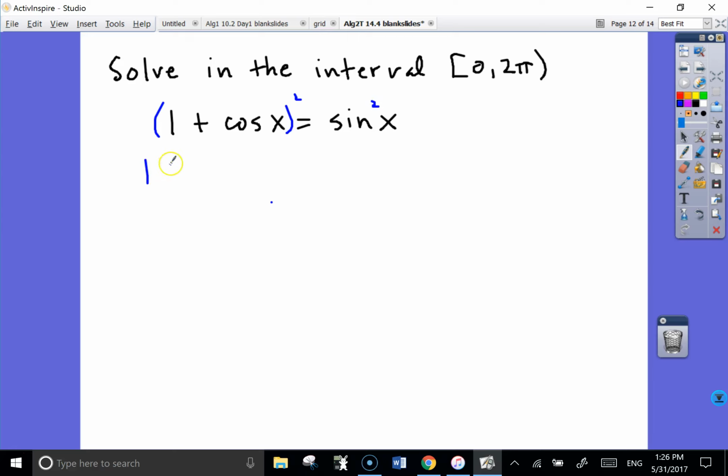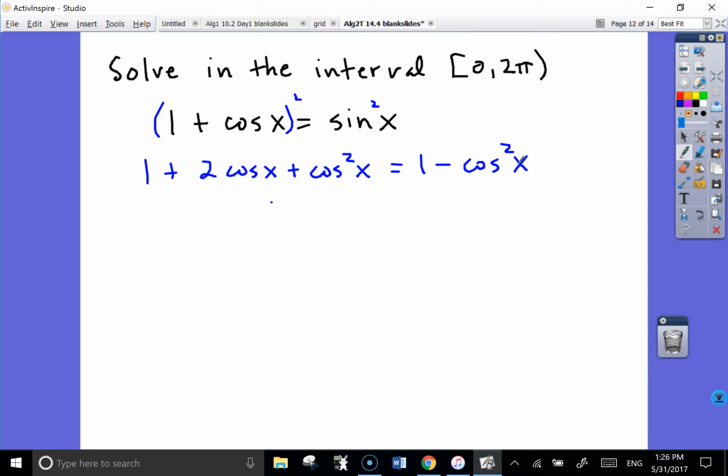Now I've got 1 plus 2 cosine x plus cosine squared x equals, and sine squared equals 1 minus cosine squared. So at least it's all the same trig function.